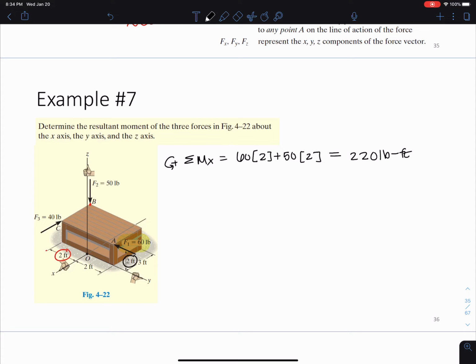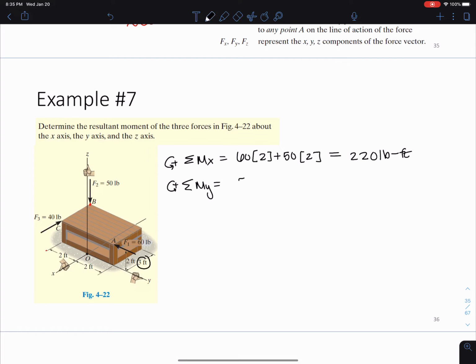Now, let's sum moments in the Y direction. Not 0, I'm used to writing that from equilibrium. We'll get to that later. That's equal to, I have the 50 again, which is going to be acting at 3 feet away. I'm going to uncircle what I had previously here. The 50 acts at 3 feet away right there.